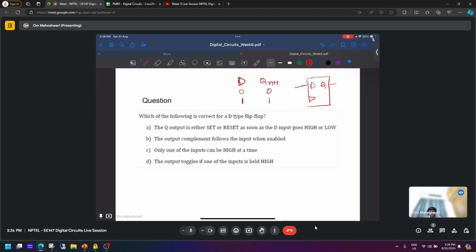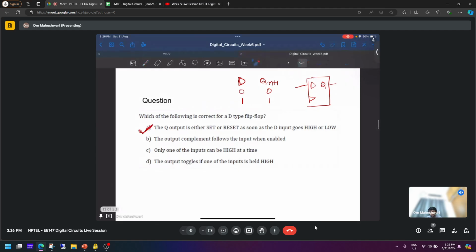Whatever is D, that is the output. So the output is either set or reset as soon as D input goes high or low. So this option is correct.